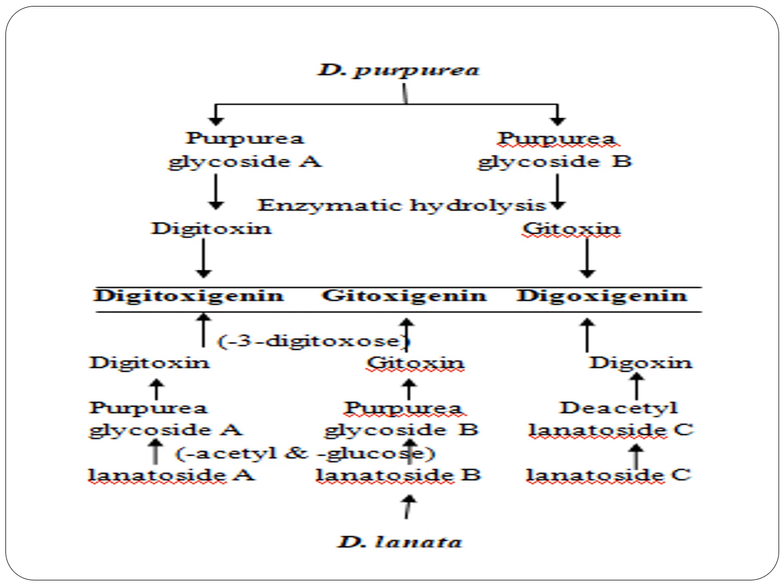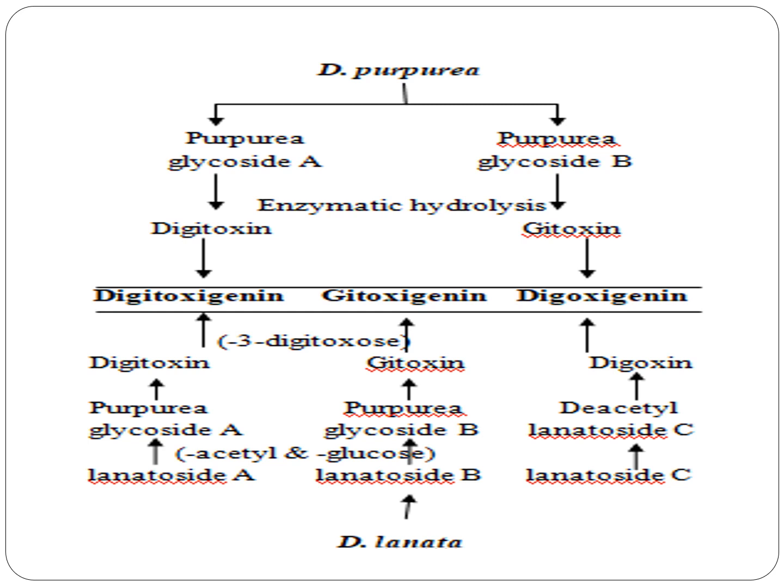Now let us see the hydrolysis of the chemical constituents of Digitalis purpurea and Digitalis lanata. Upon hydrolysis, Digitalis purpurea yields digoxigenin via purpurea glycoside A and B, with the help of intermediates digitoxin and gitoxin.